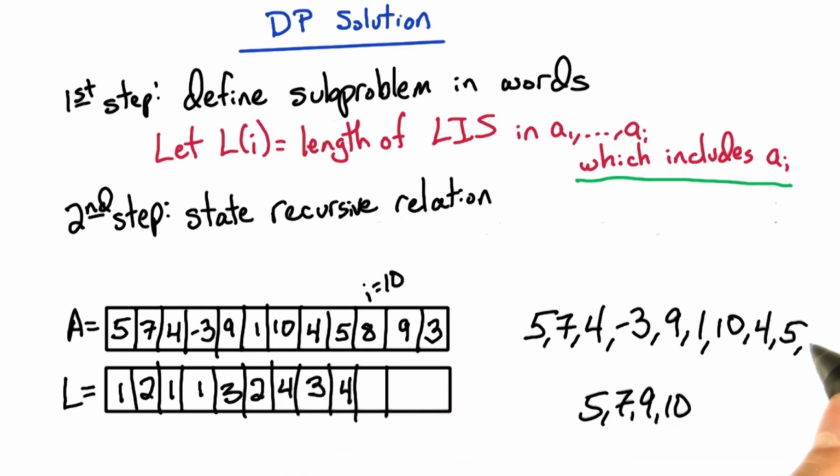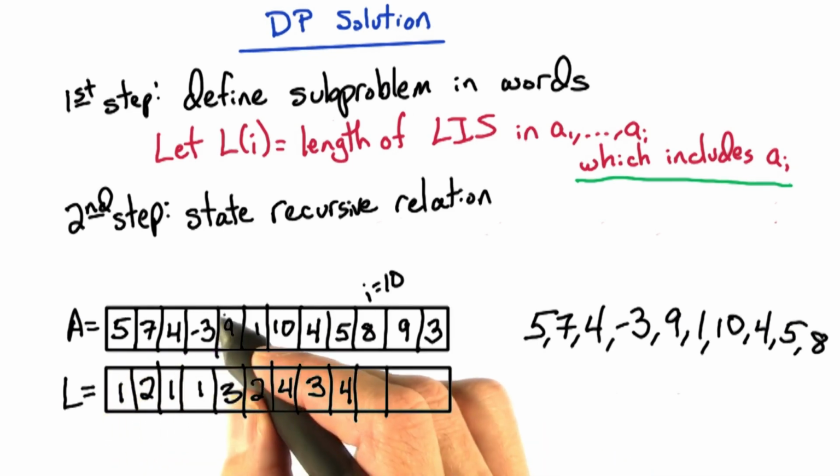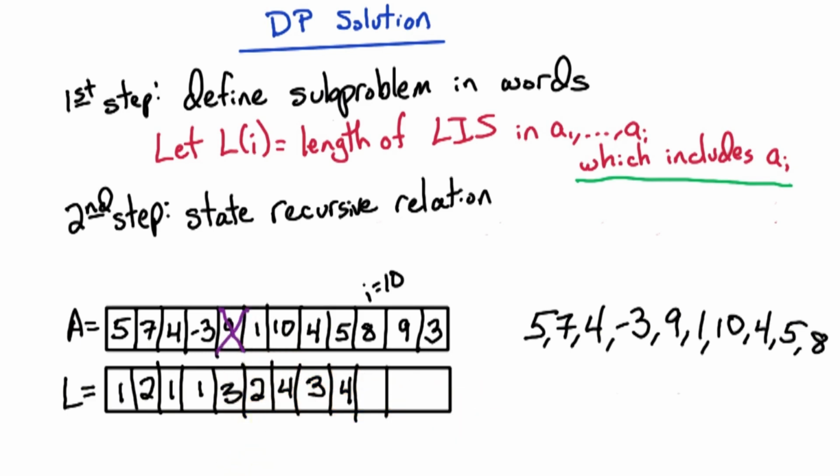Finally, let's look at the case I equals 10, which is the case which caused the problems in the earlier definition of L. Now in this case, we want to see which subproblems allow us to append 8 onto the end of it. Now notice, 8 can be appended onto subsequences ending at 5, 7, 4, minus 3, but it cannot get appended onto 9, because that won't be increasing.